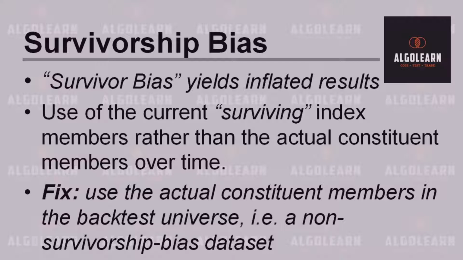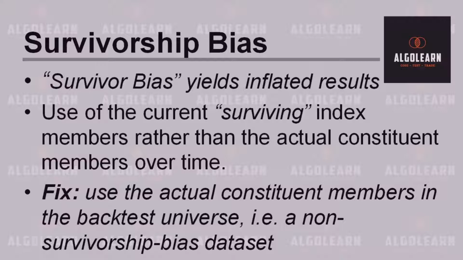Well, when we went back to 2008 to take a look at that, and we used the current index members, only around 270 of those stocks showed up in our results. And so we're leaving out around 230 stocks. Those are the stocks that didn't survive, for whatever reasons.